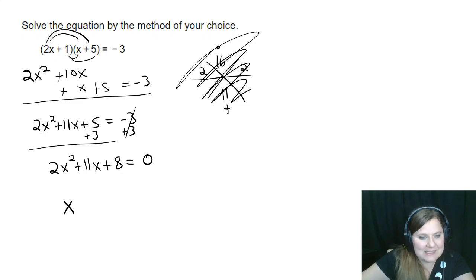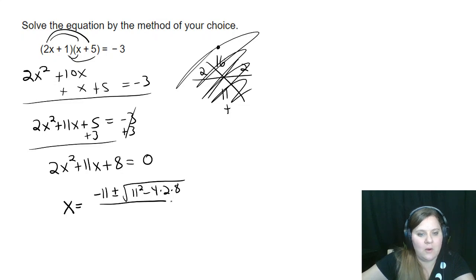So x equals, don't forget to write your x equals, negative b plus or minus the square root of b squared minus 4ac all over 2a.